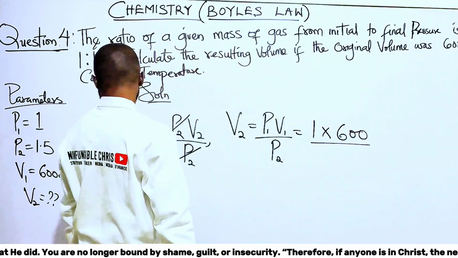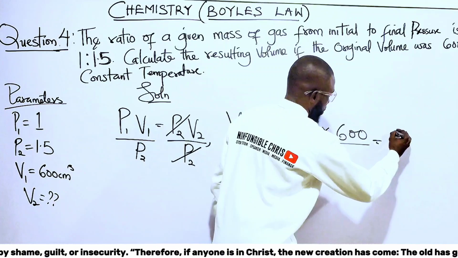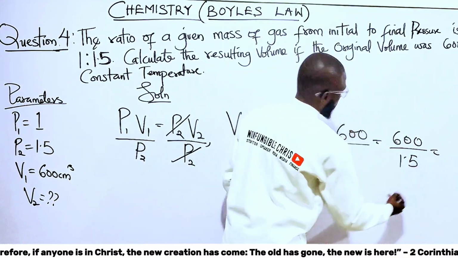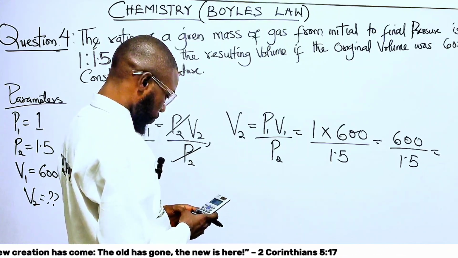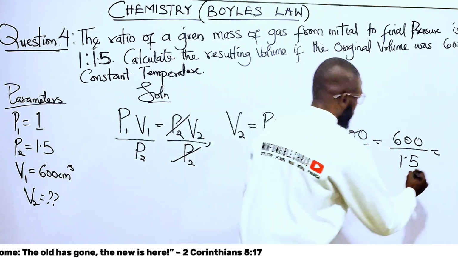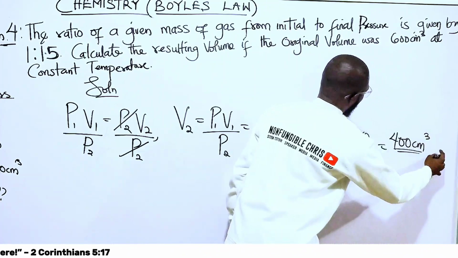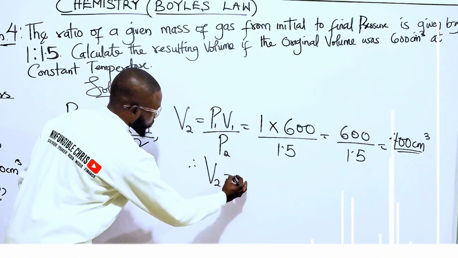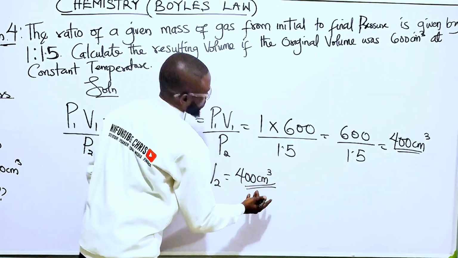And what's our P2? P2 there is 1.5, right? So 1 times 600 divided by 1.5, what do we have? 600 divided by 1.5 gives us 400. We have 400 centimeter cube. Therefore, our volume 2 is 400 cm cube.